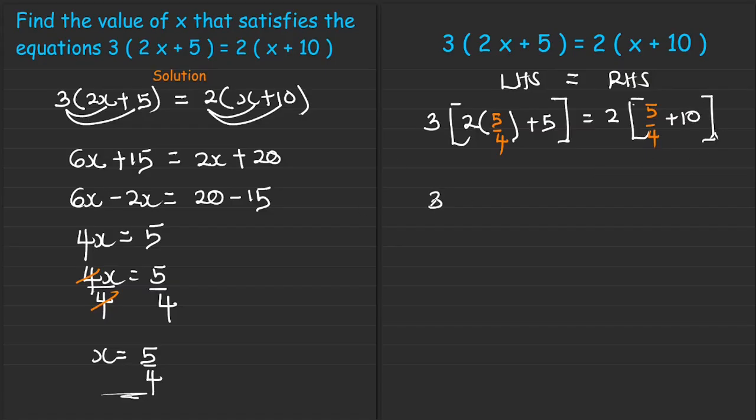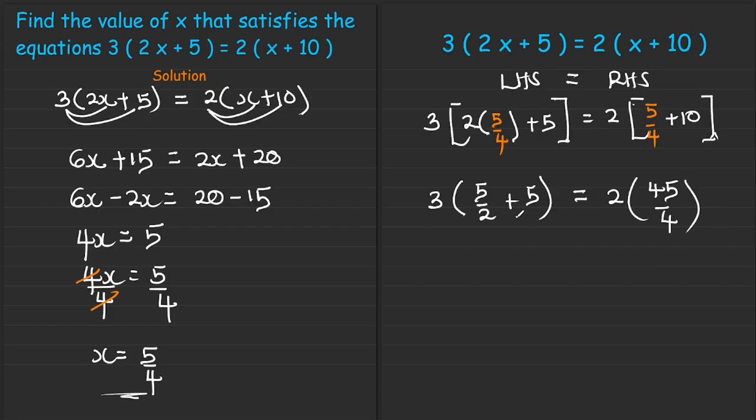So we have 3. Then into bracket, 2 times 5/4 gives us a 5/2. Then we have plus 5, which is equal to, we have 2 into bracket 5/4 plus 10 will then give us a 45/4.